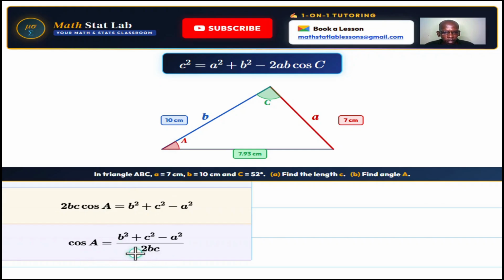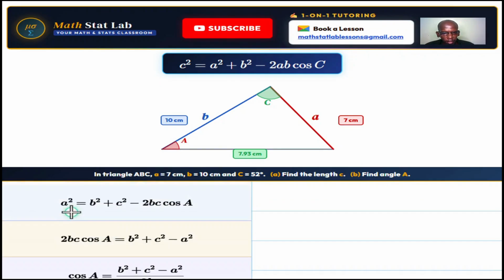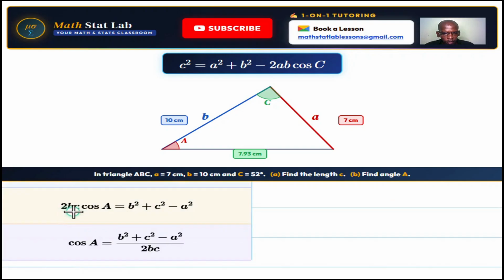So to get cos A, just divide both sides by 2bc, so that I can eliminate this 2bc here. So now it becomes cos A is equal to B squared plus C squared minus A squared, divided by 2bc.